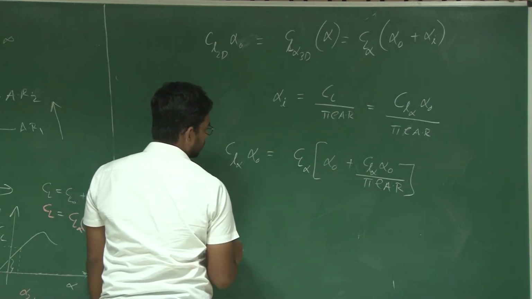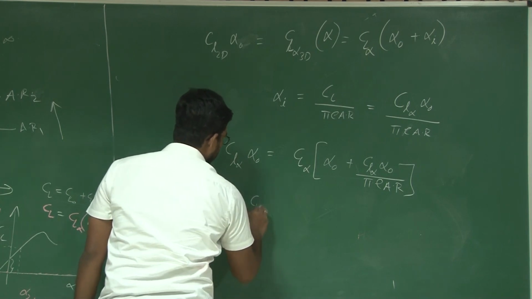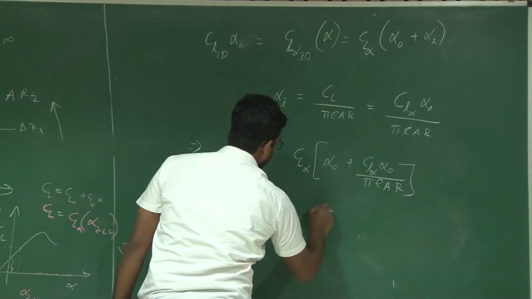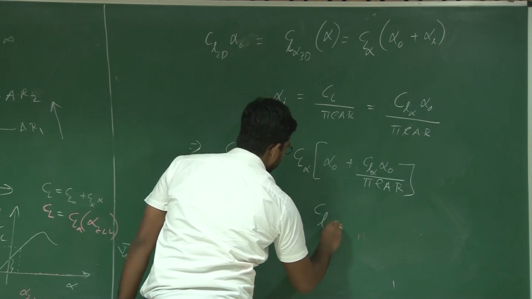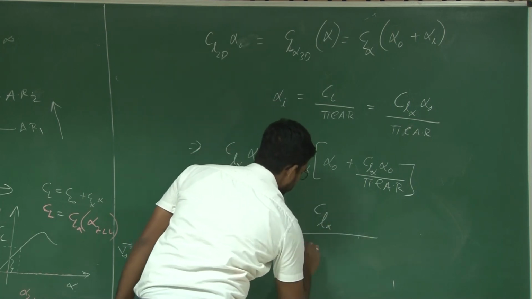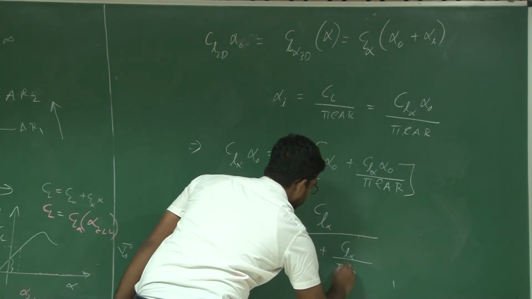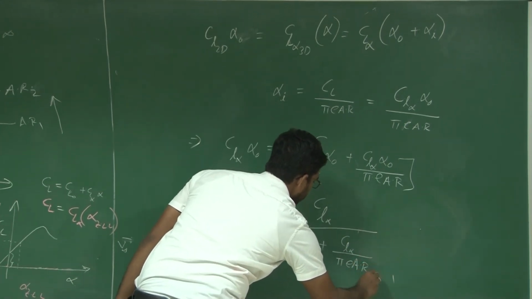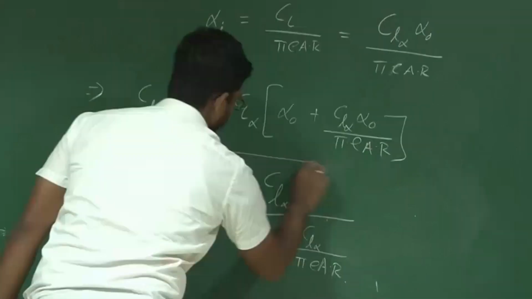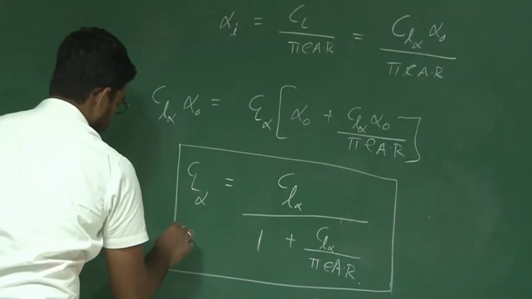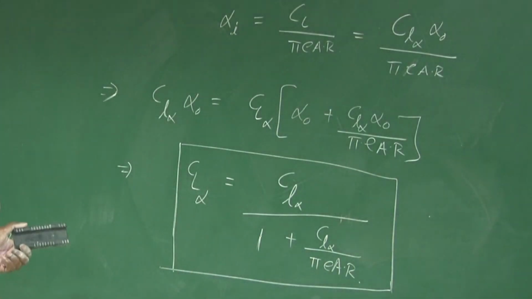This implies CL alpha is equal to CL alpha of airfoil divided by 1 plus CL alpha of airfoil by pi E AR. Now this is one of the important results. This is valid in the subsonic regime.